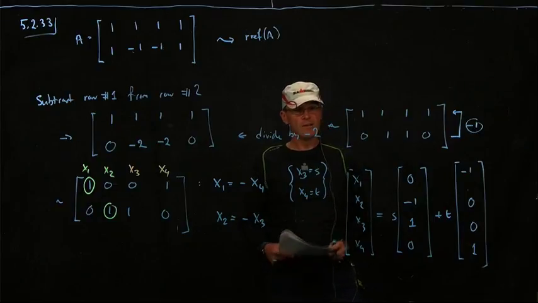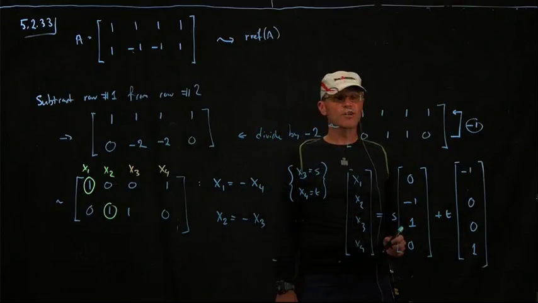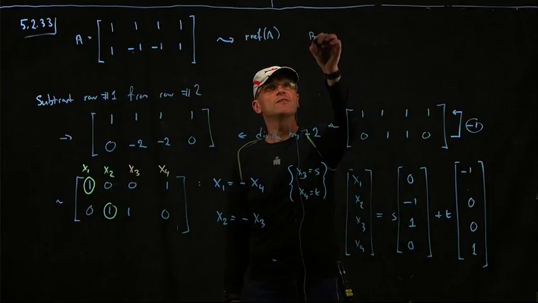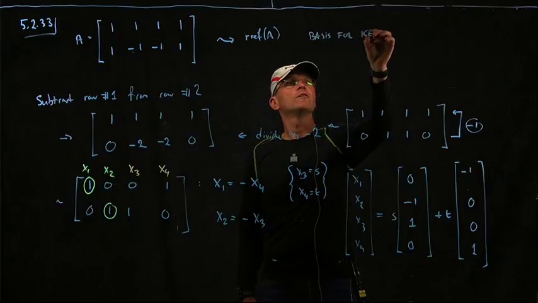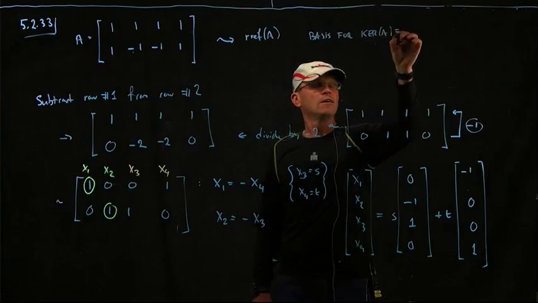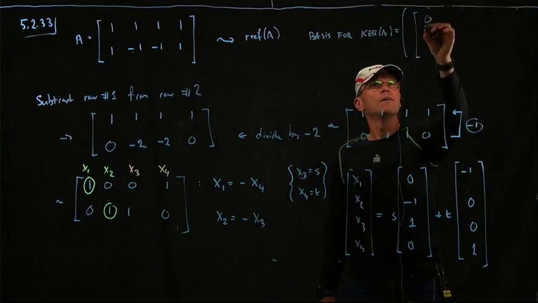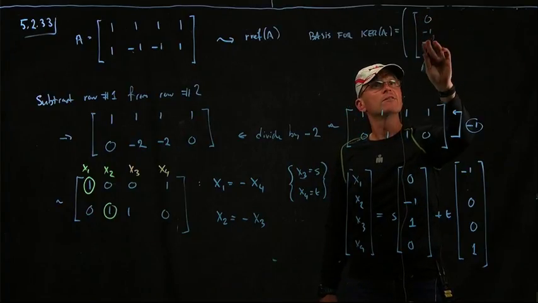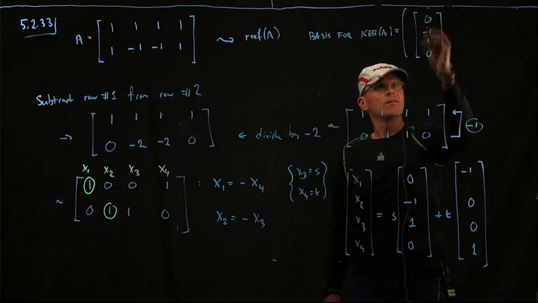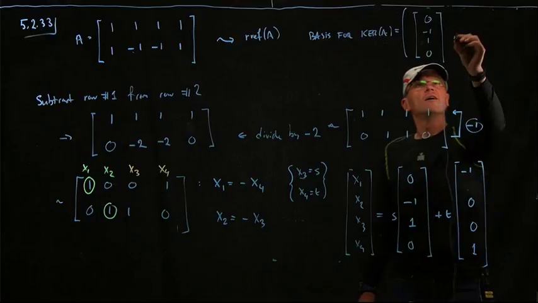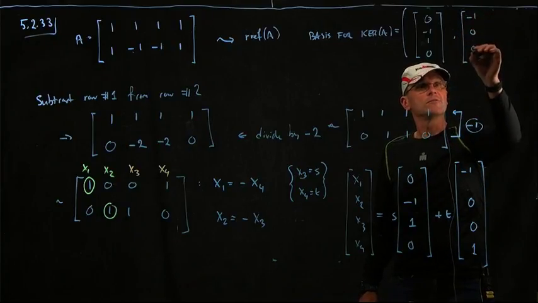So now we have a basis for the kernel of A. Let's not change any signs magically. So 0, negative 1, 1, 0, and minus 1, 0, 0, 1.